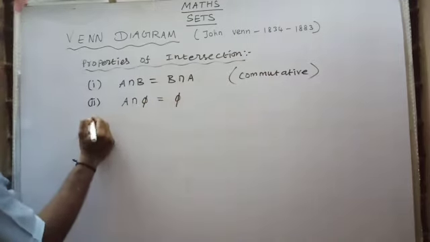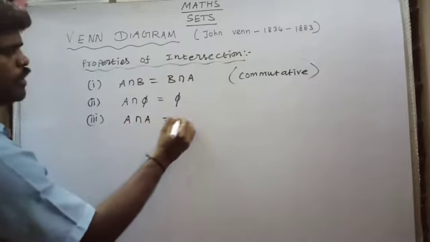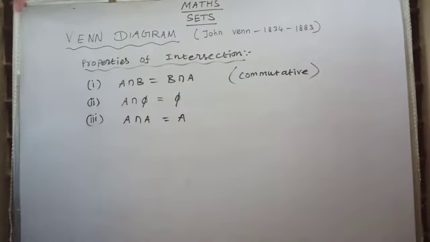And number 3, A intersection A equal to A. This is idempotent.